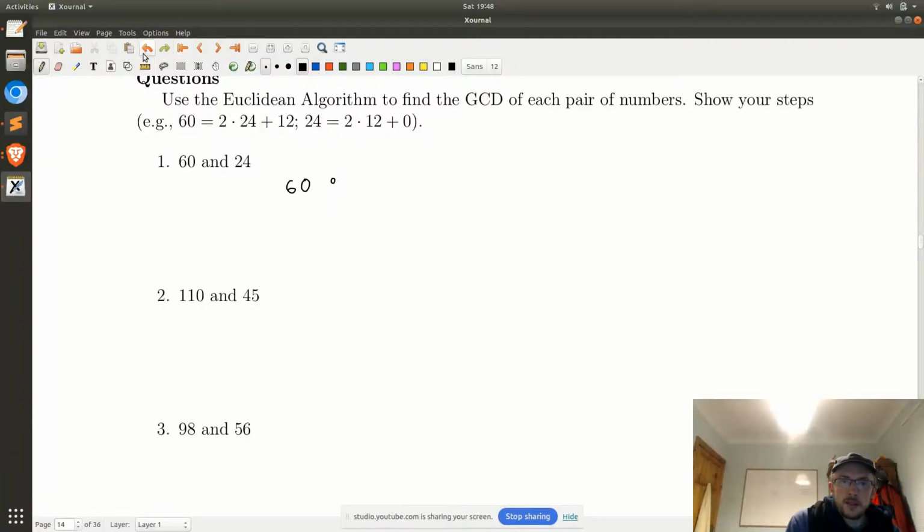So what I'm going to use is mod. So 60 mod 24, that would be 12. And then 24 mod 12 is 0. And it's the last non-zero number that you get from doing this process. And so the answer is 12.